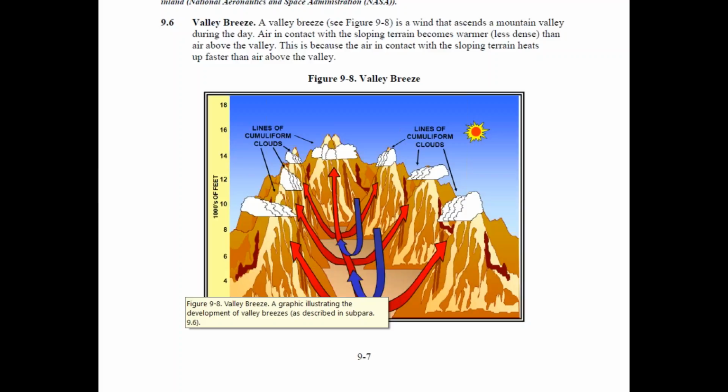And when those two things mix, it creates that cloud. A lot of times people around here will call it a cap cloud. It gathers just right on the top, and you can see it sitting on the top of the mountain all day long. That's just because you've got two valley breezes coming up on both sides of the mountain.